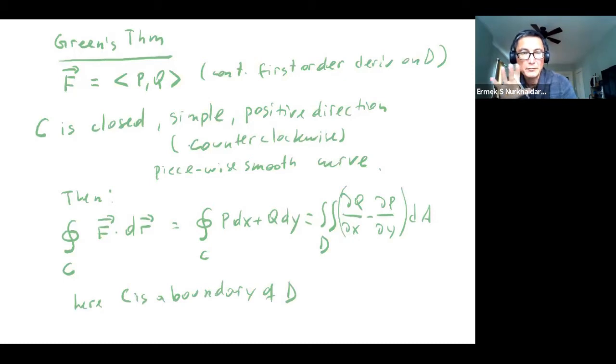Now maybe I need to explain a little bit more about what closed and simple mean. I will draw a picture, and hopefully it will be clear. So that is simple.